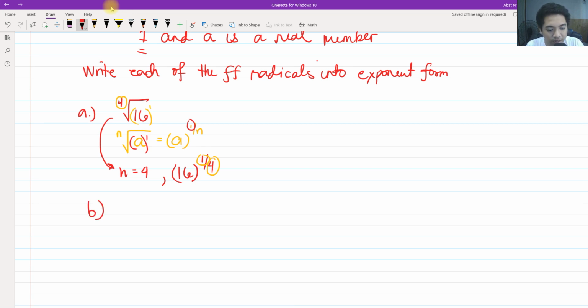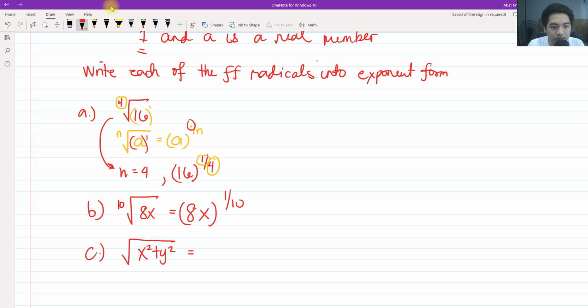Letter B, we have the 10th root of 8x. It's very simple. We have 8x raised to 1 over 10. Letter C, we have the square root of x squared plus y squared.